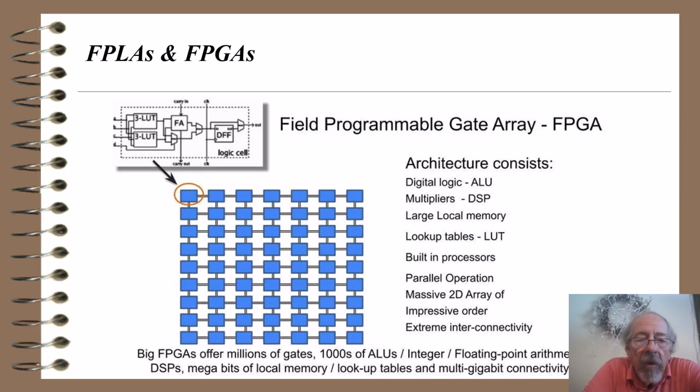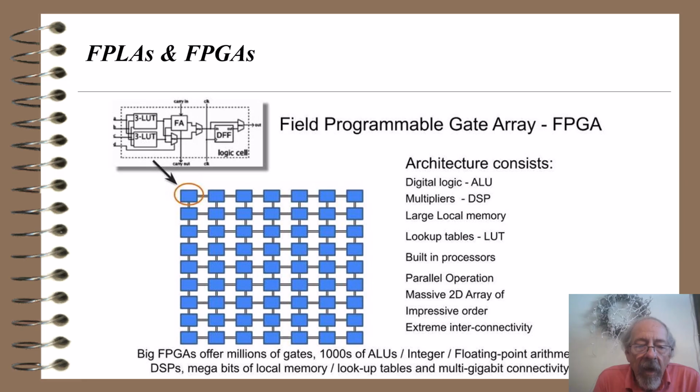So here's field programmable logic arrays or gate arrays, and as it shows here in the slide, architecture consists of digital logic. You can make an ALU out of this, multipliers, you can make a DSP out of this, large-scale memory, lookup tables, built-in processors, parallel operation, a massive 2D array of impressive order, extremely interconnected.